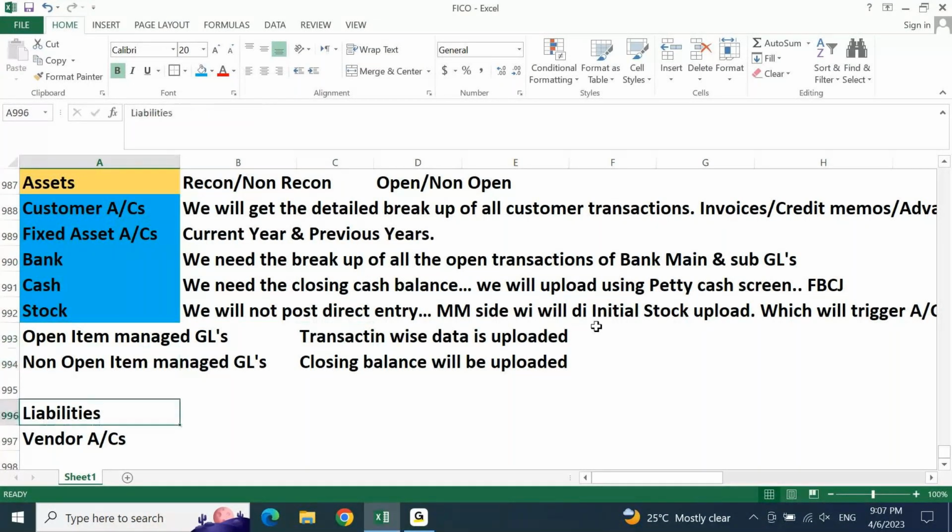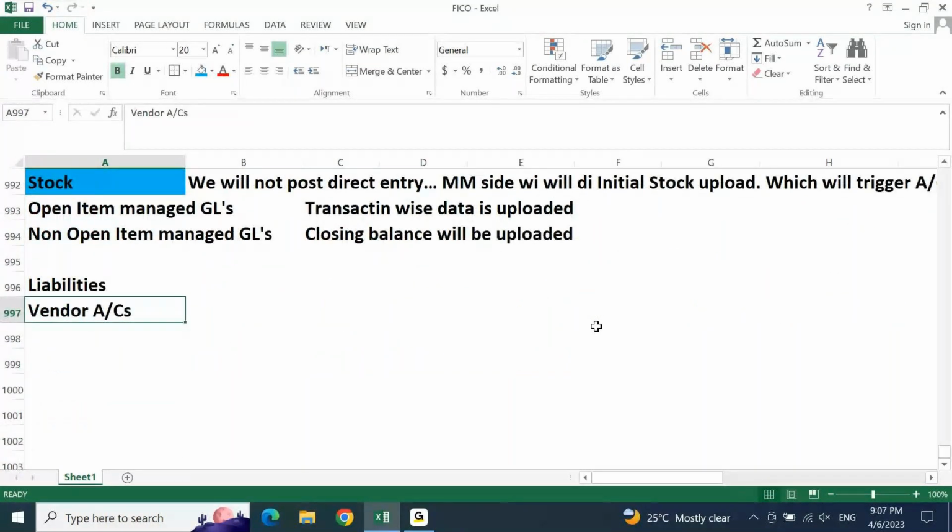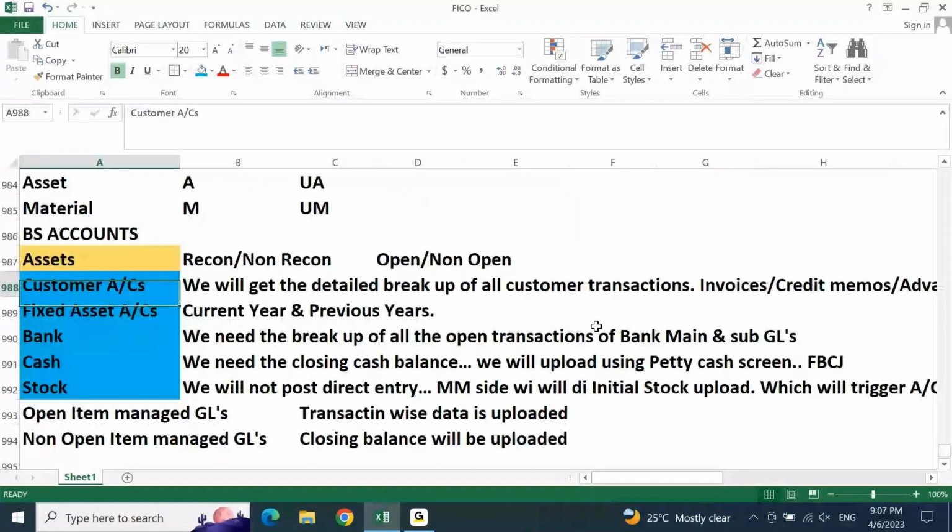And similarly your vendor account is same as your customer account. The way you uploaded customer, in the similar way you will be uploading your vendor.